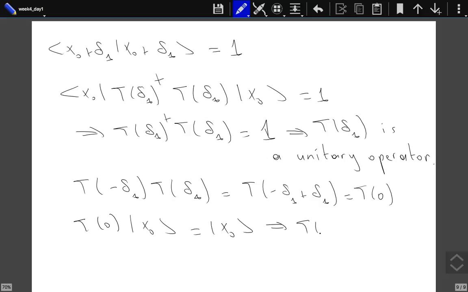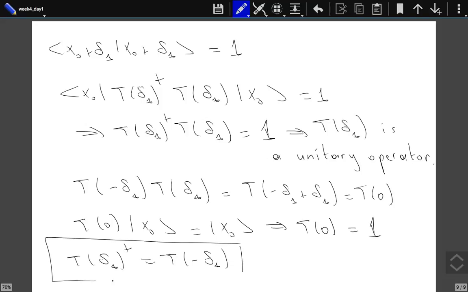Well, this tells me that T of 0 should be the identity operator. Well, if I combine this with this result over here and this one, I can see that T of delta 1 dagger should be equal to T of minus delta 1. So these are all the properties of the translation operator.